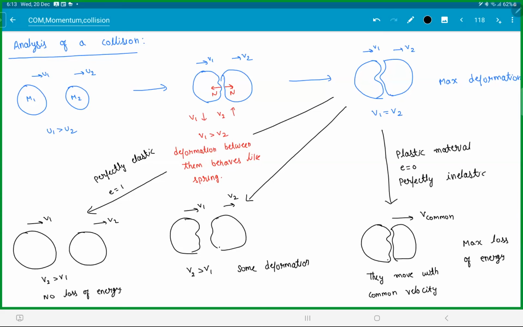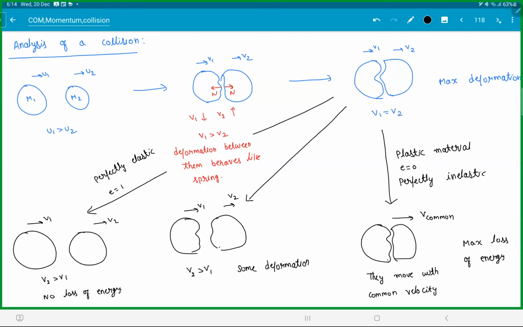So this is what happens during a collision. So this process is important. Clear?